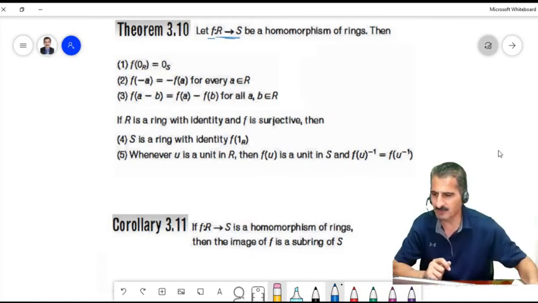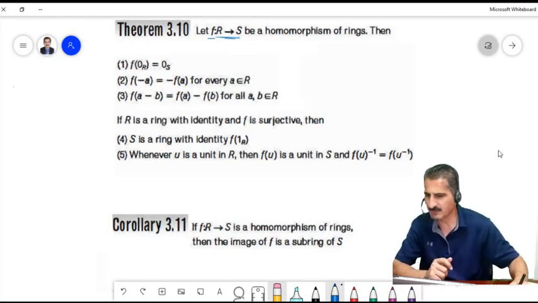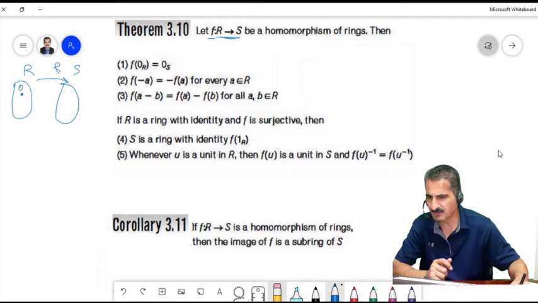Let me make a graph for you to remember. So this is the function f, it is a homomorphism. It takes the 0 of this ring to the 0 of this ring.